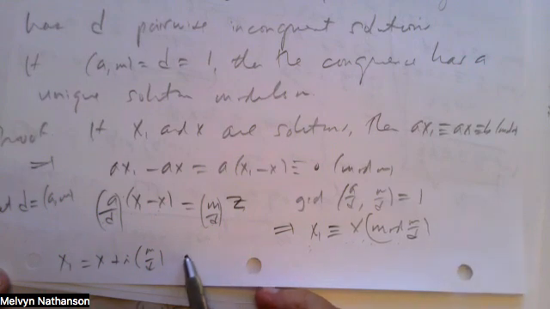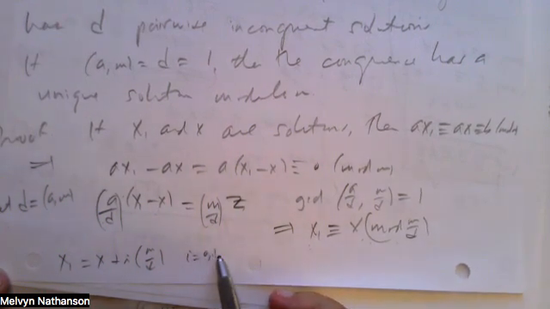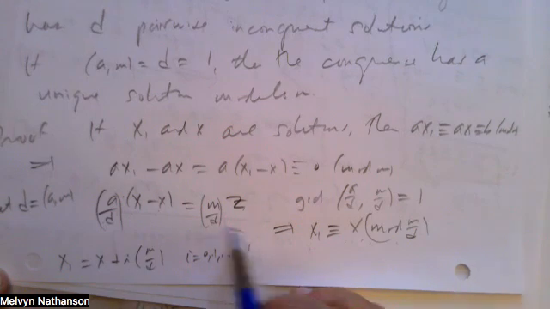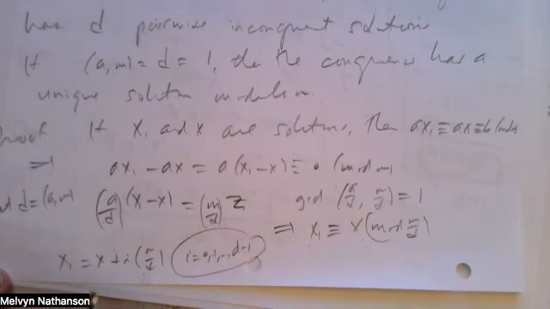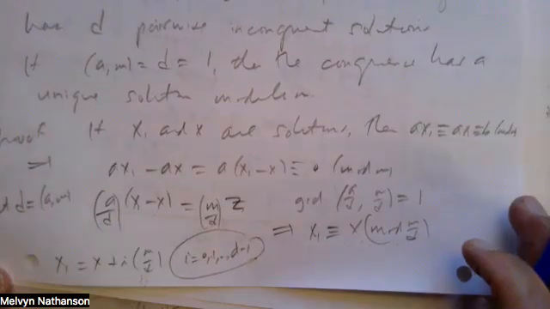And if you let i run from 0 up to d minus 1, these are all solutions of the congruence, and they're different modulo m. No two of them are congruent modulo m. Let me just explain that in maybe a little bit more detail.